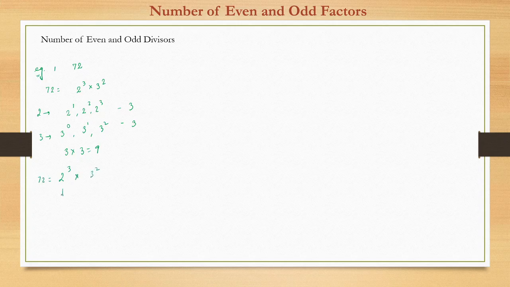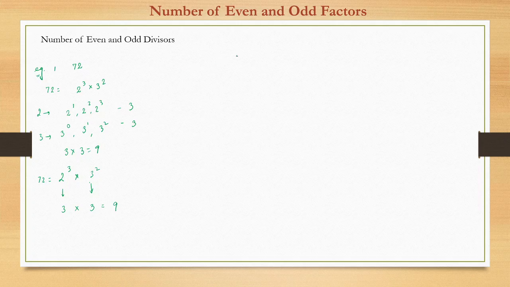In case of 2 we have only three options, 1, 2, 3. I mean 2 can take 3 powers. It cannot take 0, so that is why we write 3. And in case of prime number 3, 3 can take all the options including 0. So 3 can take 0, 1 or 2. Hence 3 options. So number of factors becomes 9.